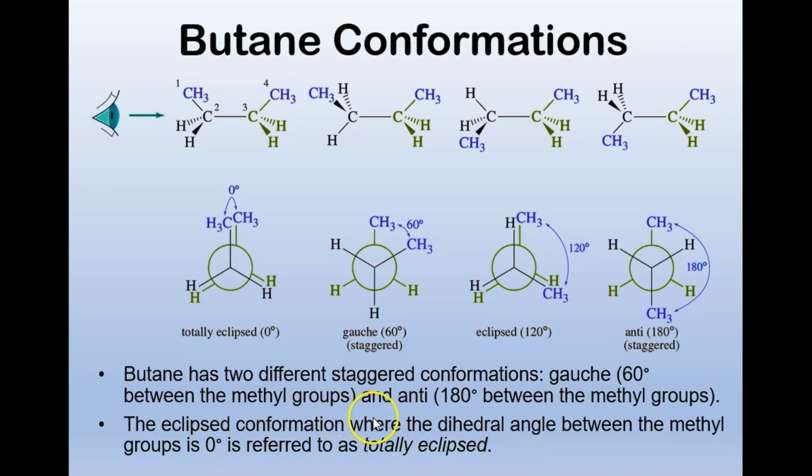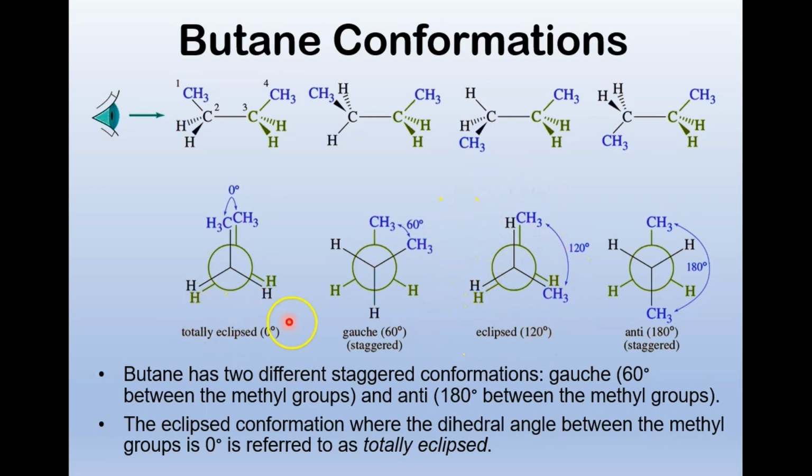The eclipsed conformation, where the dihedral angle between the methyl groups is 0, is referred to as totally eclipsed. Here's the totally eclipsed. Gauche is a form of staggered. It's higher in energy than the anti-staggered. And so here's an eclipsed.